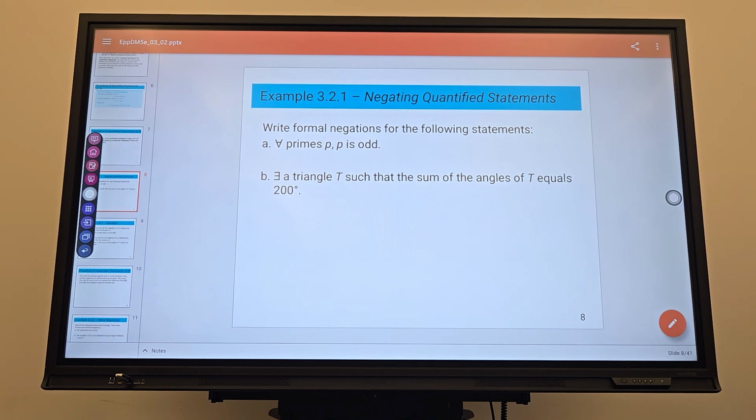Next, there exists a triangle T such that the sum of the angles of T equals 200. The negation: for all triangles T, the sum of the angles does not equal 200, which is true.